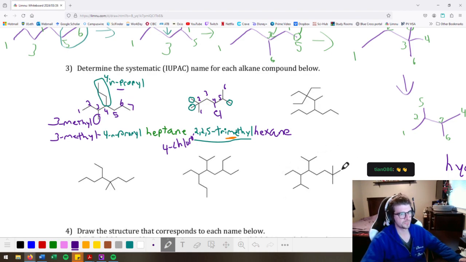So we go 1, 2, 3, 4, 5, 6. Okay, there we go. It's a little better. So 6, and from here, there's either direction we go, there's 2 more carbons, so it doesn't really matter.